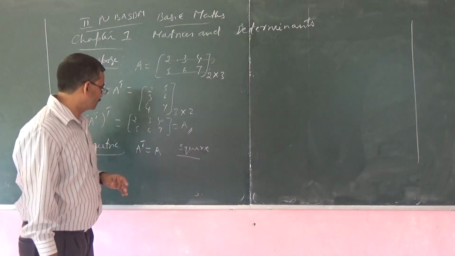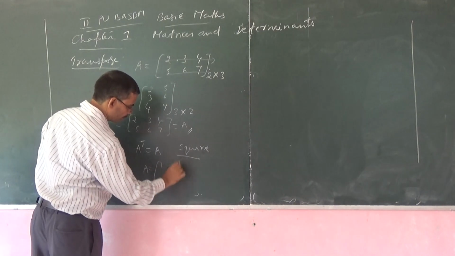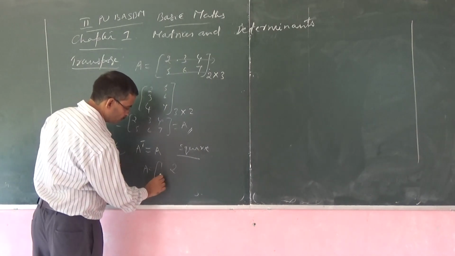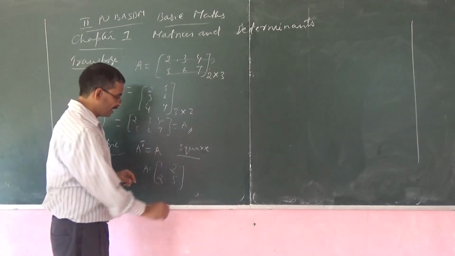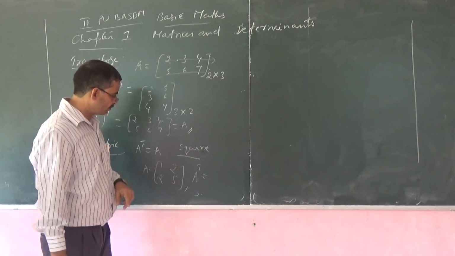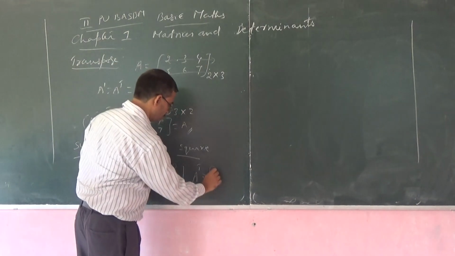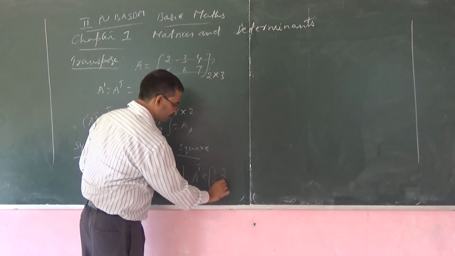I will give a simple example. A equal to 1, 2, 2, 5. This is A. What is A transpose? First row will become first column, 1, 2. Second row will become second column.